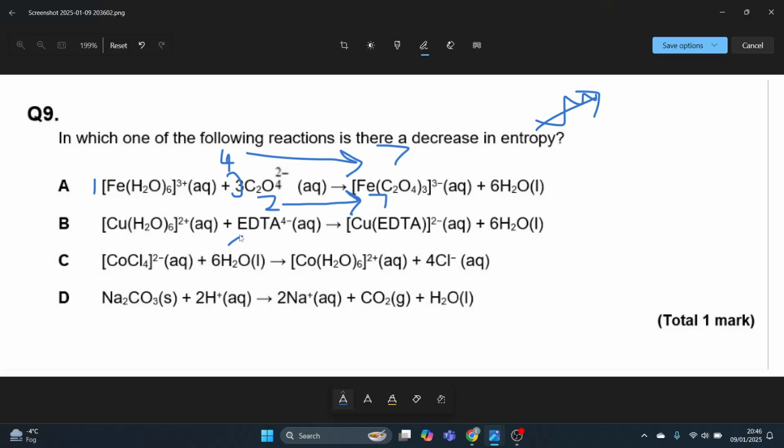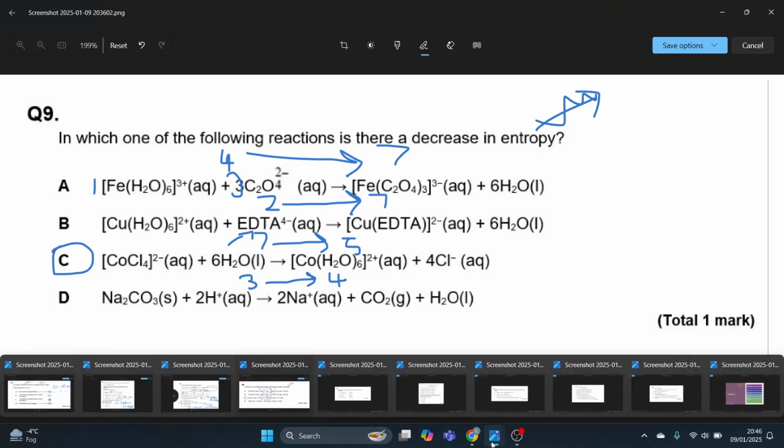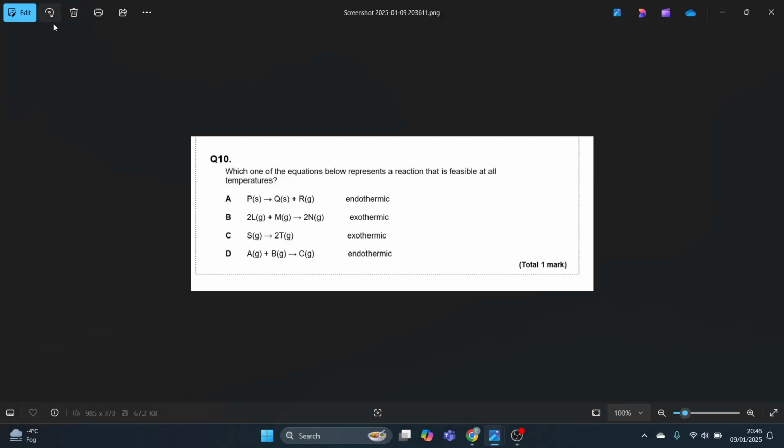I don't know what EDTA4 minus aqueous is, maybe we learn about that in metal aqueous ions, but I have no clue what that is. 7 to 5, and 3 to 4. So it's clearly going to be C. We go from 7 moles to 5 moles, so clearly a decrease in entropy. That is a really nice question though.